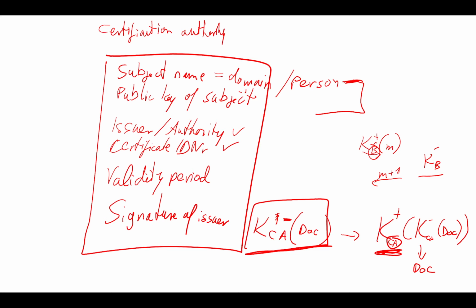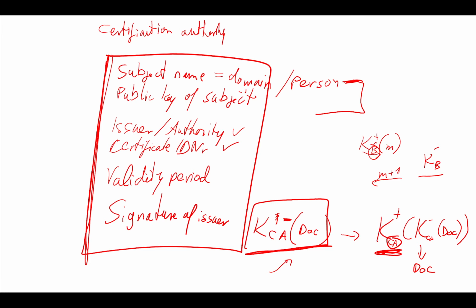Maybe one very short point to finish up this topic is, let's assume this is a very huge document. Every time you encrypt the message, the ciphertext is equally large.